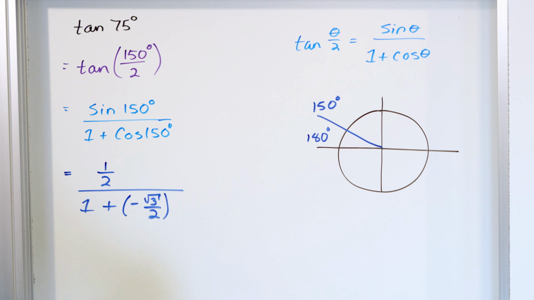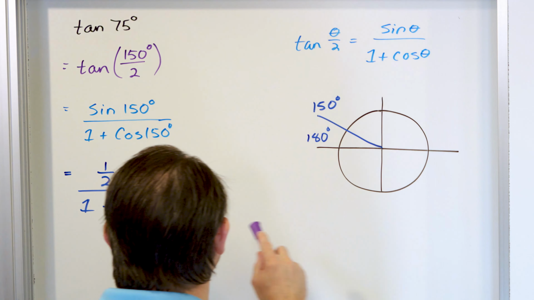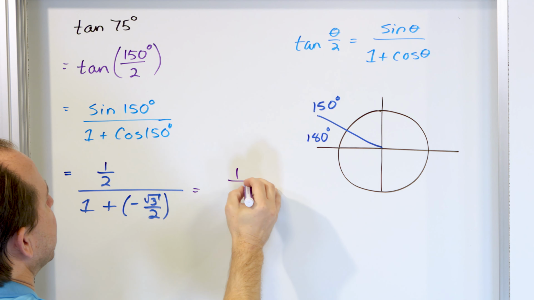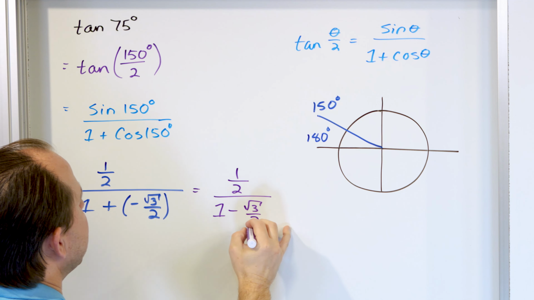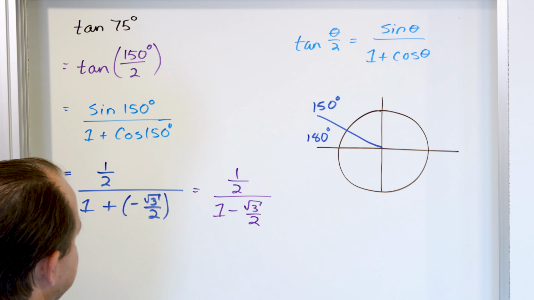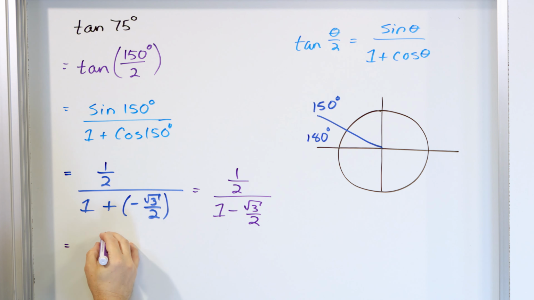So you have to be careful, and that's why I draw the unit circle, because if you don't draw the unit circle, it's very easy to get the incorrect sign. So what you're going to have here is a 1/2 on the top. On the bottom, you're going to have 1 minus square root of 3 over 2. And now it becomes an algebra problem. Everything is essentially done as far as the trig goes. How do we simplify this? Well, what we're going to do is collect everything together with a common denominator in the bottom.